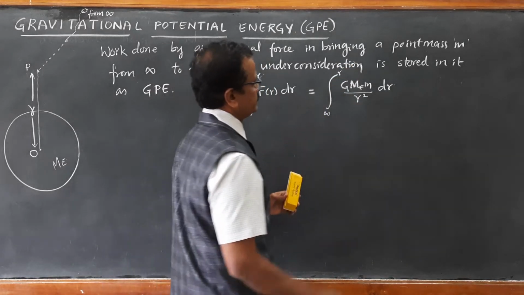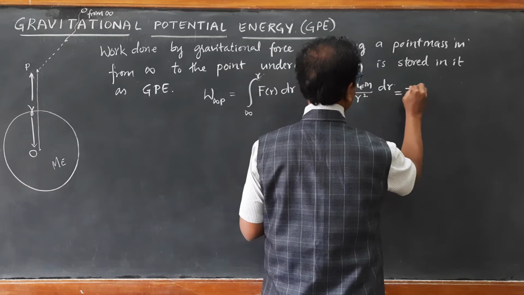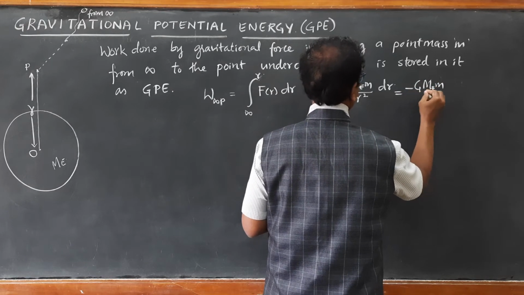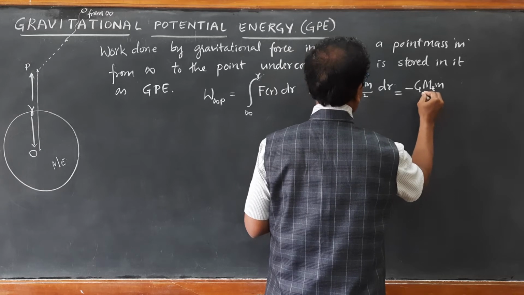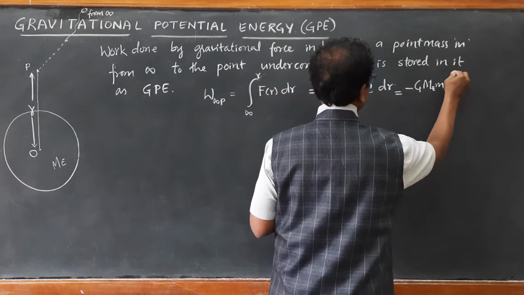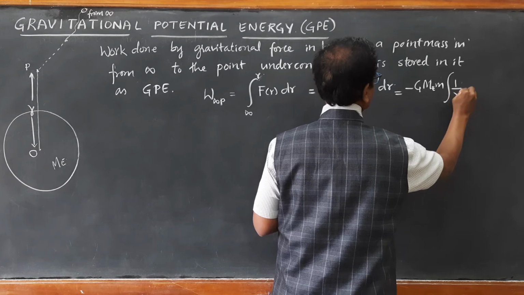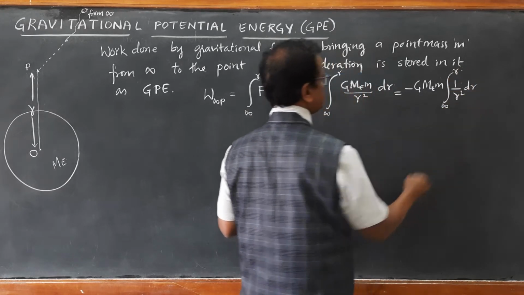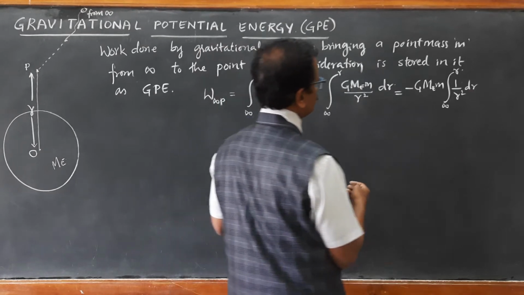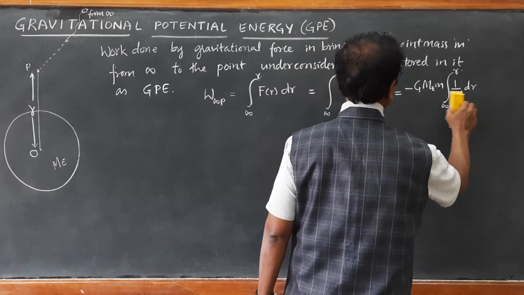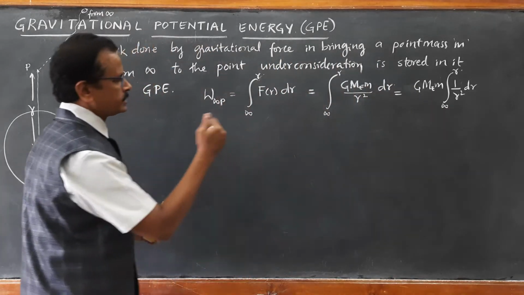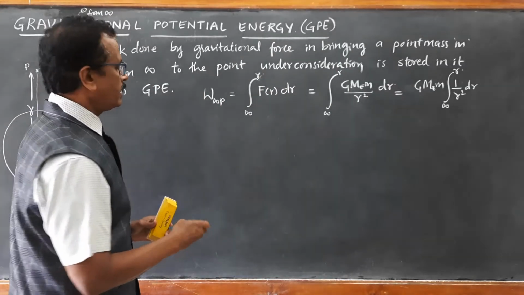So we get minus G M_E m as integration of 1 upon r squared dr from infinity to the point r. Now we can integrate. Integration of 1 by r squared gives you minus 1 by r.